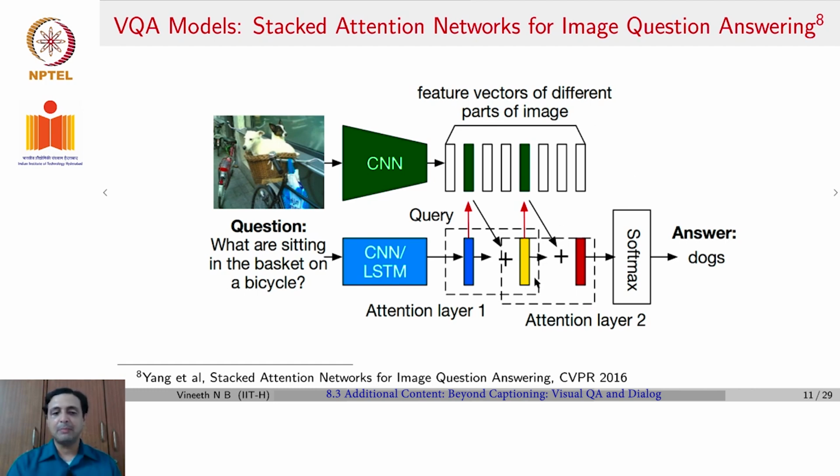Based on this attention map and the representation of the question, there is another level of attention that's performed on the image feature vectors of different parts again. That leads to a different representation, which we expect is the final solution, and that representation is finally taken to the output layer, where a softmax over the options in answers gives you the final outcome.